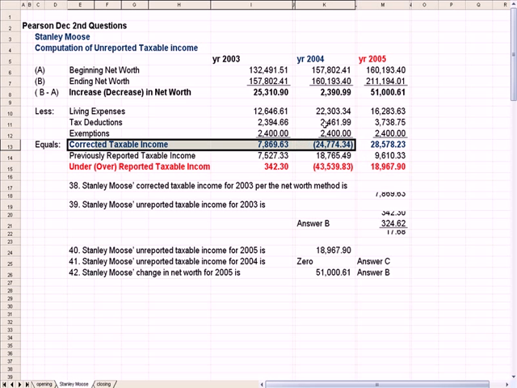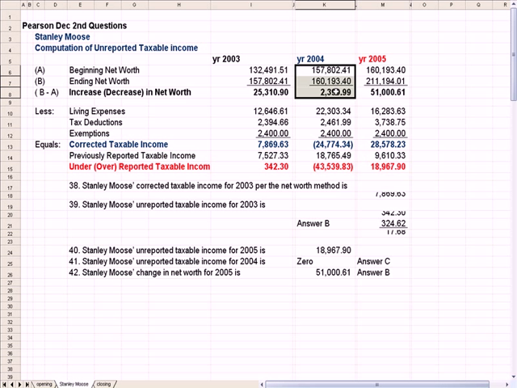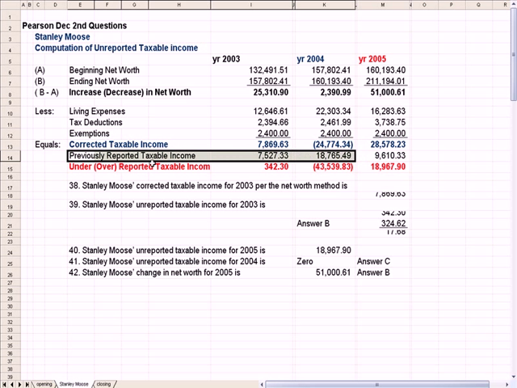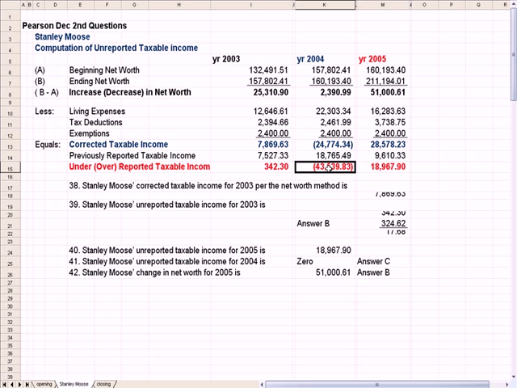What this implies is the person had a small increase of net worth during the year, but when you deduct what they spent to live on, and then you deduct other allowances, it actually turns out to be a negative number. When we compare that to what was previously reported, it was actually over-reported taxable income using the theory from the IRS.